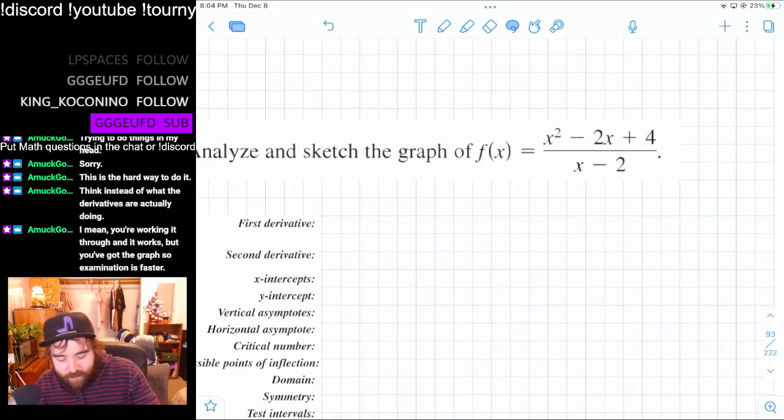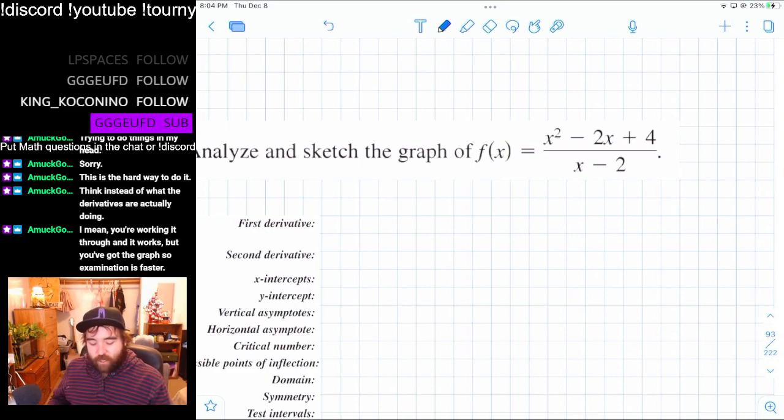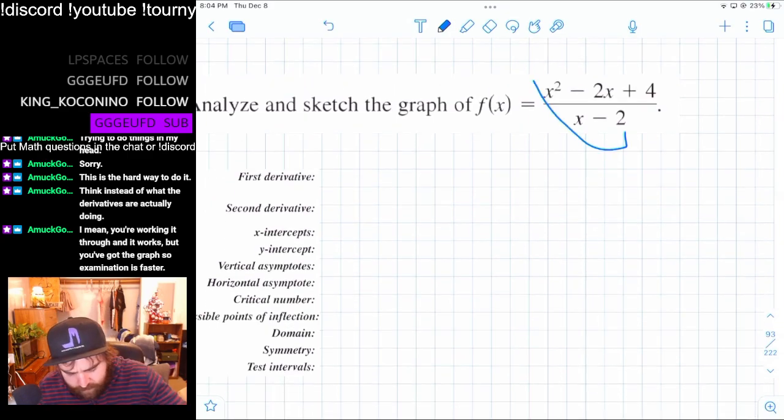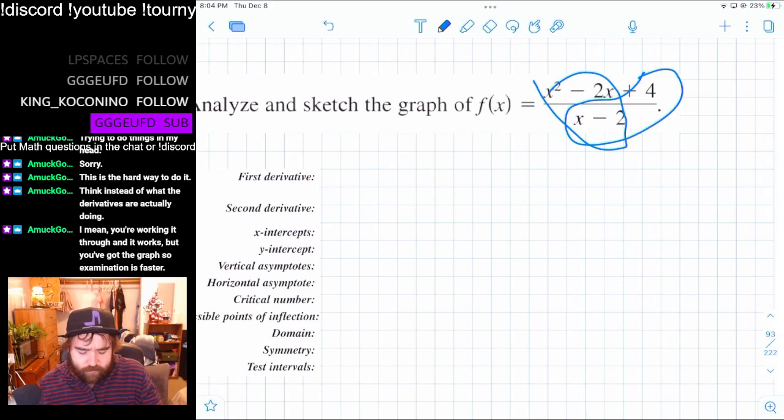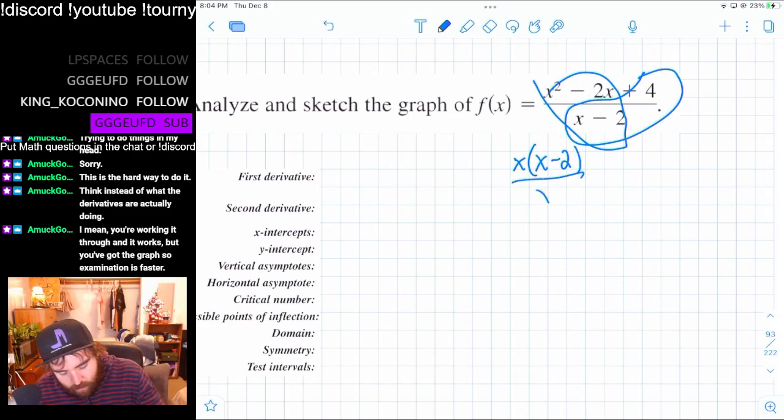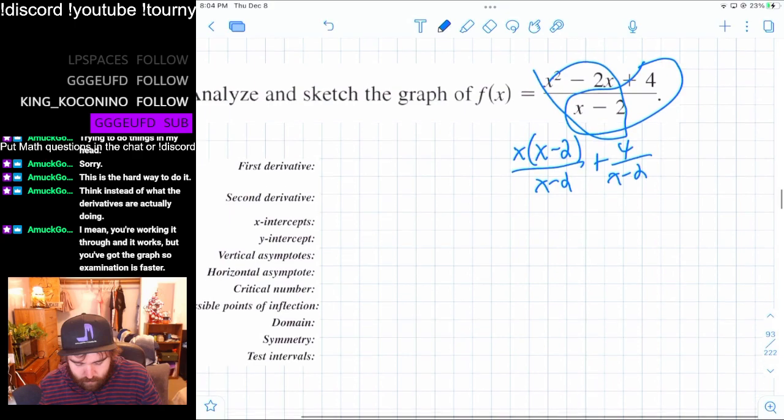So I'm actually going to rewrite this function right away because it is going to help us take the derivative. I can just see it, so I'm going to do it, because we just did this on the integral of the day. If we write it like this, you see what we have here is x times x minus 2 over x minus 2 plus 4 over x minus 2.